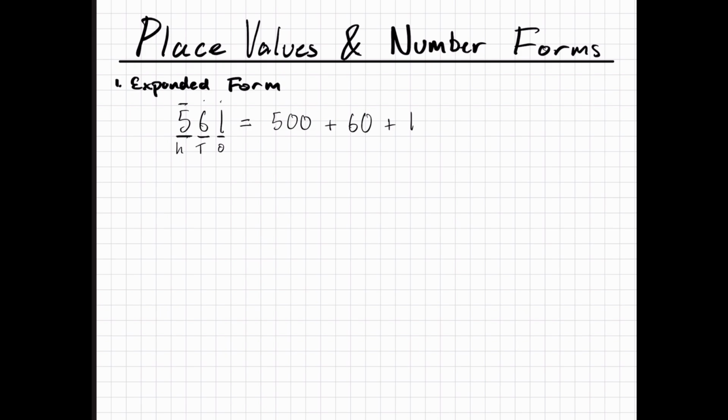Now there's another form that I want us to be careful of, and it's called the word form. Sticking with our example of 561, what is 561 in word form? Well, it's basically what I've been saying this whole time. The numbers 5, 6, 1 in this order, when you want to write it out or say it, you would say five hundred sixty-one.